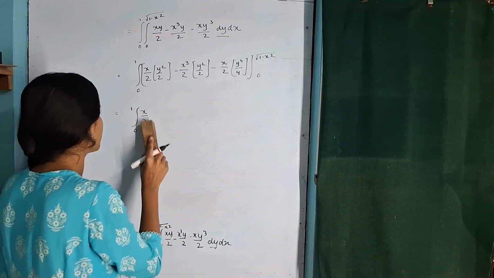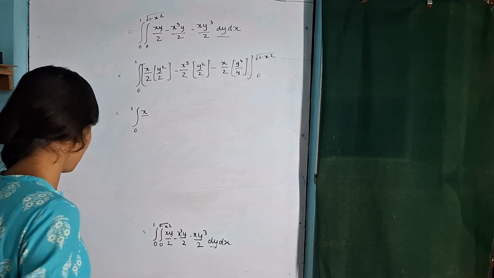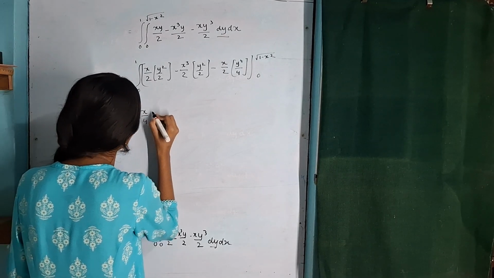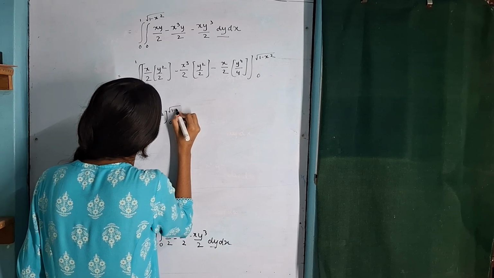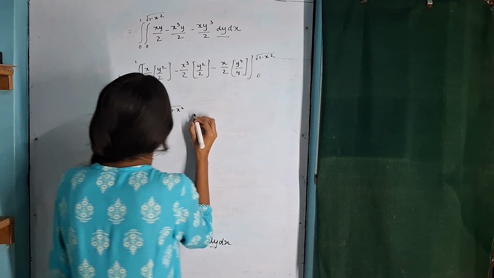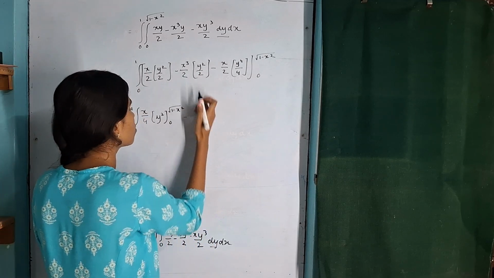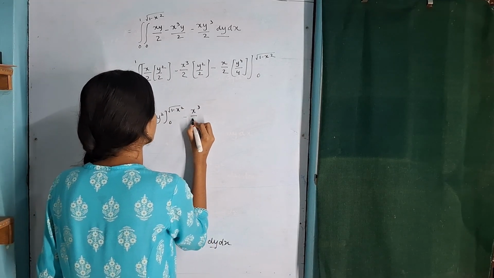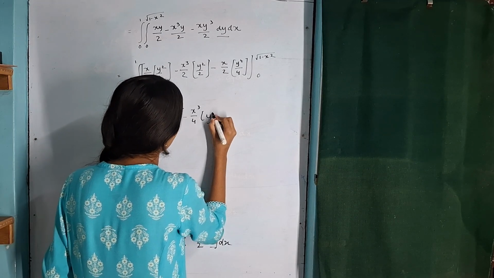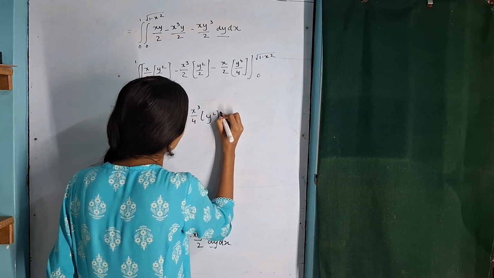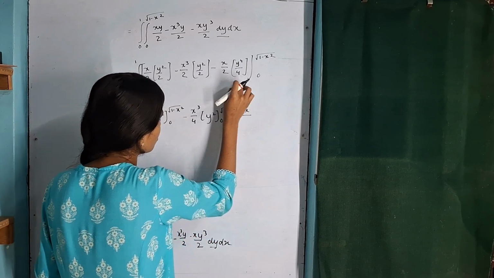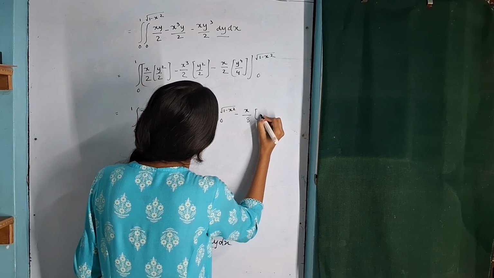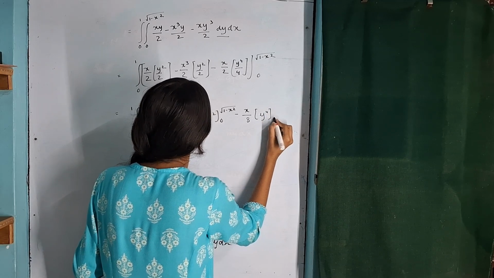So 2 into 2 is 4, y square is left alone with its upper and lower limit, minus x cube, 2 into 2 is 4, y square is again left alone with its limits, minus x, 2 into 4 is 8, y raised to 4 is left alone with its limit.